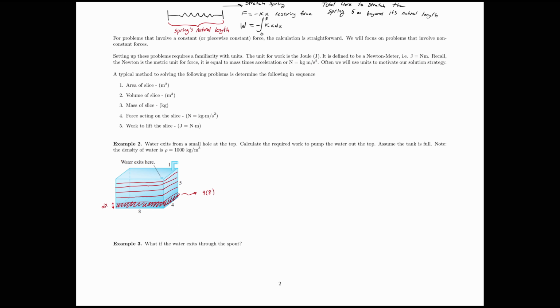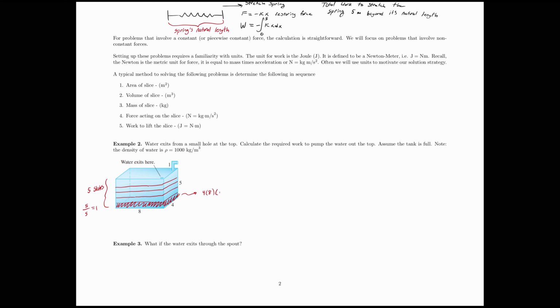Or if we want to be really concrete here, what if we split this up into 5 slabs? 1, 2, 3, 4, 5. There we go, 5 slabs. So if the total height here is 5, then each slab has a width of 1.